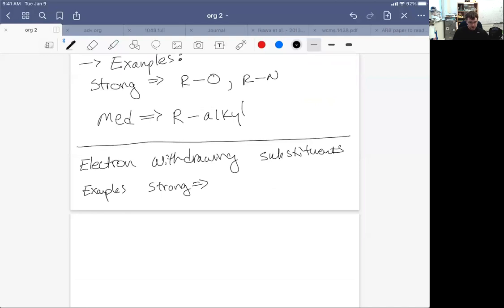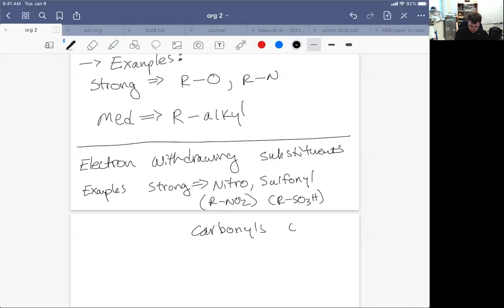So our strong examples would be nitro and sulfonyl. So RNO2, RSO3H, I'll say. There's also carbonyls. Where R is attached to a C double bond O. And that C double bond O could have anything on it.